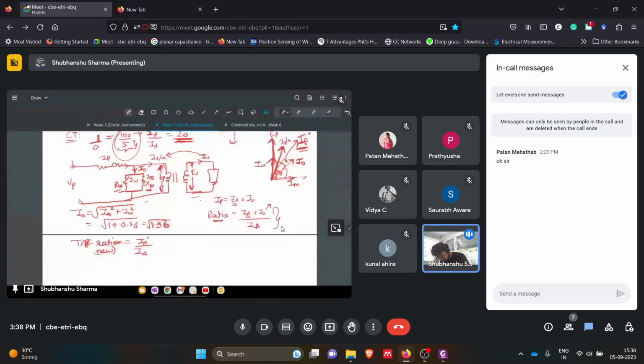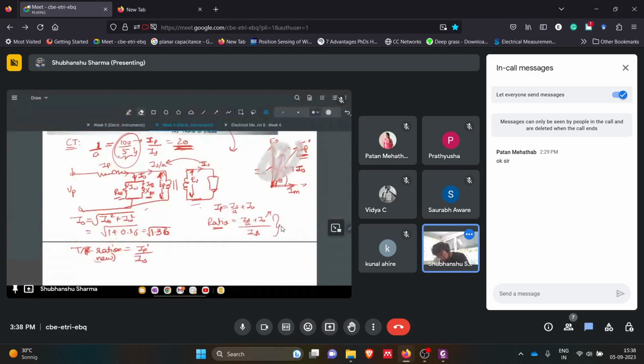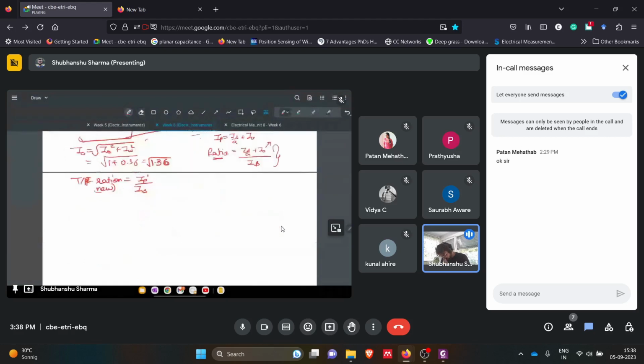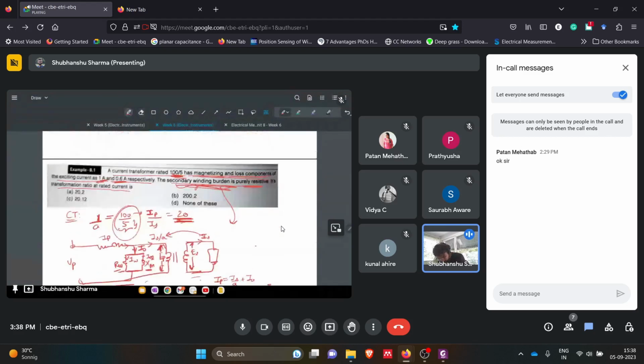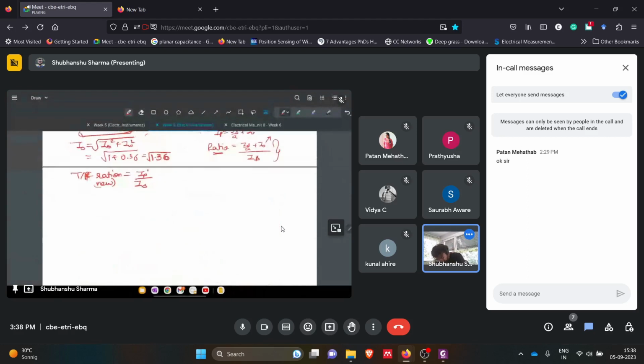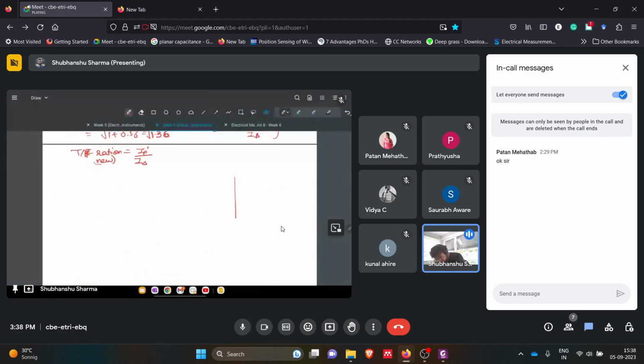Let's see the phasor again. We forgot about this thing: the burden is purely resistive. Now I will tell you the full phasor, how we will do that. This is the primary side EP, and I will simultaneously draw the circuit so you will get full clarity of what we are talking about.